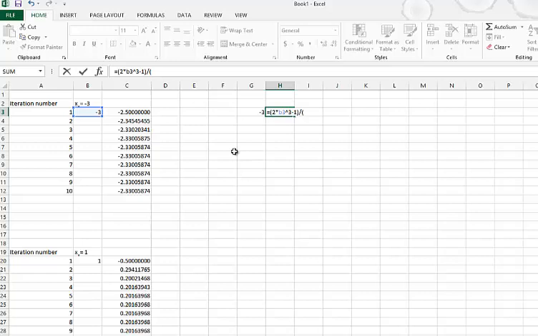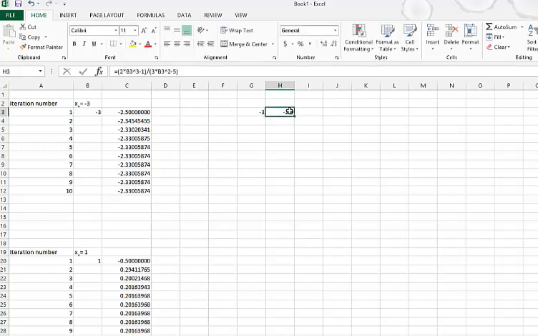I'm going to want the 3 times that B3 raised to the second minus 5, close parenthesis, and then I'll tell it enter, and it gave me the negative 2.5.